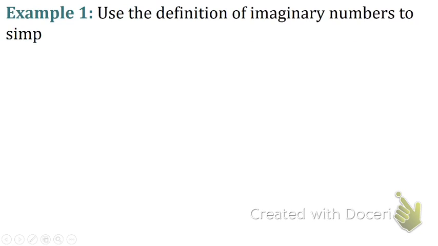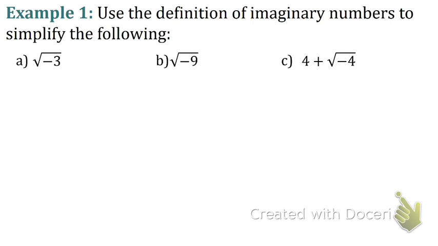So let's begin by looking at some numbers and using our definition of imaginary numbers to simplify them. We have three numbers here. The square root of -3. So we can separate -3 into -1 times 3, right?